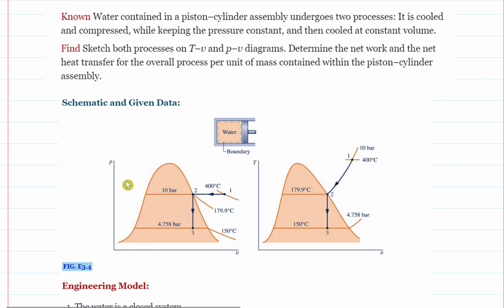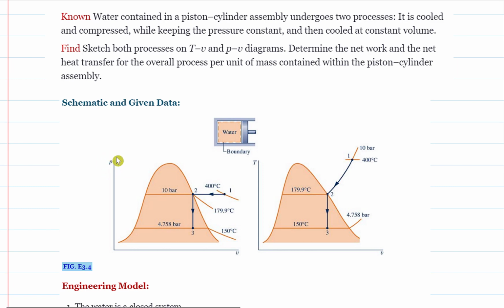So we also need to draw the process on PV and TV diagram. State 1 is at superheated region, so it's right hand side of the saturated vapor line. So let's say this is state 1 at 10 bar and 400 degrees Celsius. Process 1-2. Water is cooled as it is compressed at a constant pressure of 10 bar.